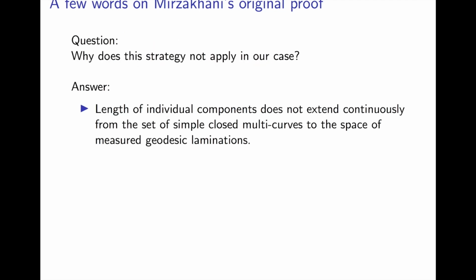And the problem is that the notion that we want to count with respect to is the length of individual components, and there's no way to extend that continuously from the space of multi-curves to this completion, which I've called the space of measured geodesic laminations. So it will certainly not be something like evaluating on a more convenient set.